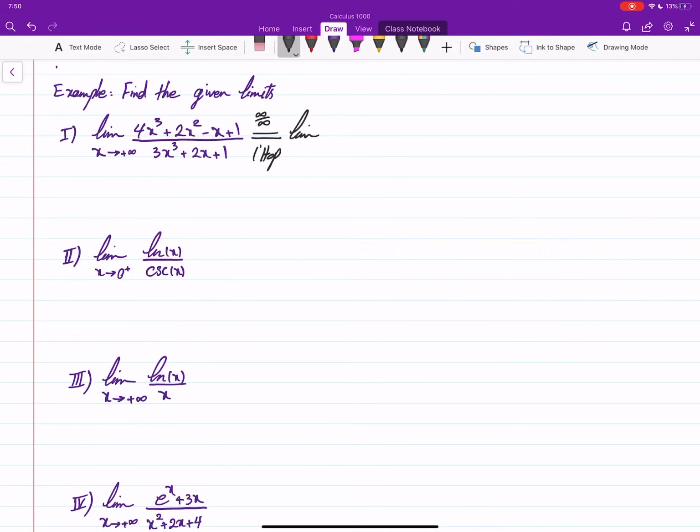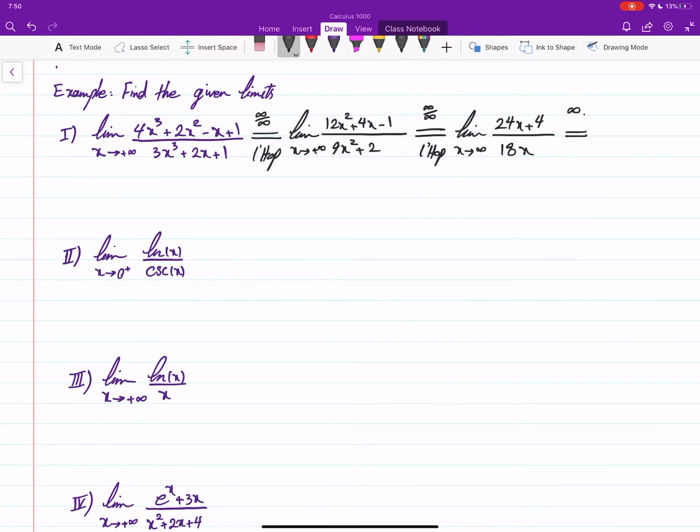In this case, it says, well, find the derivative of the numerator, 12x squared plus 4x minus 1, and the derivative of the denominator, 9x squared plus 2, as x goes to plus infinity. These two limits should be the same thing. But this limit itself is also infinity over infinity, so I can use L'Hopital again, and this time I get 24x plus 4 and 18x as x approaches plus infinity.